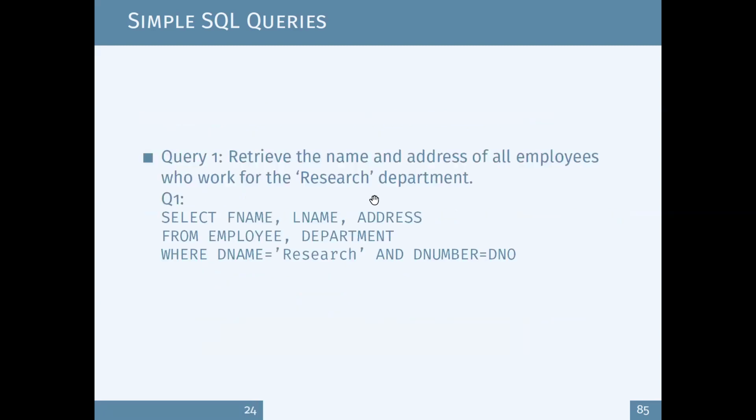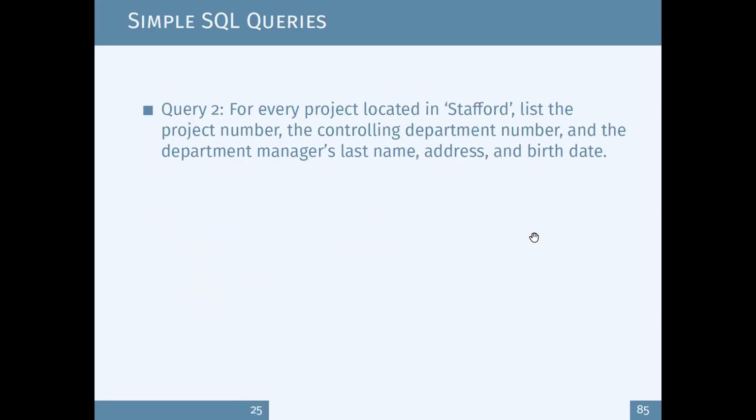But when you have more than one table, you list all the attributes, you list the tables, and then you specify the conditions. One condition is we have to specify how these two connect to each other. So we know that the department number should be equal to department number.